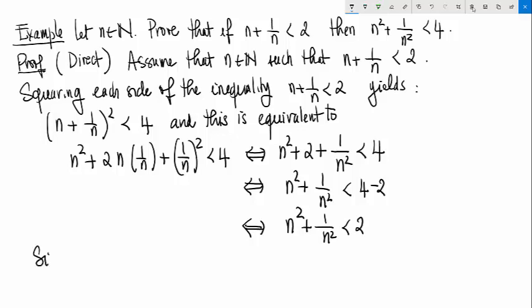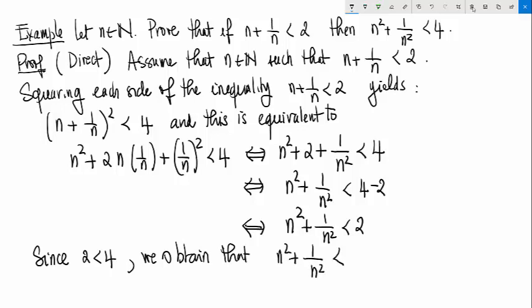So since 2 is less than 4, we obtain that n squared plus 1 over n squared is less than 4.